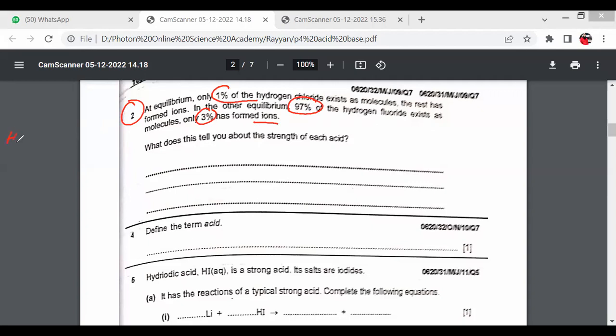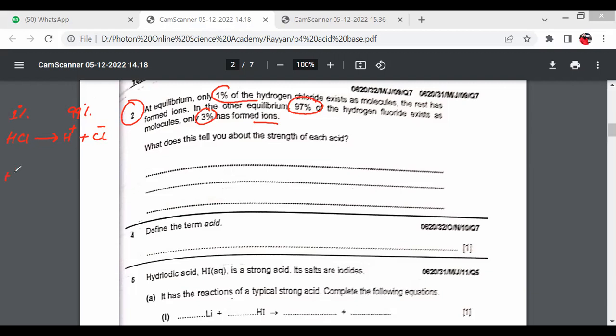I have hydrogen chloride, and hydrogen chloride is going to dissociate into hydrogen ion and chloride ion. Just 1% HCl remains in undissociated form, and 99% HCl is in dissociated form, in the form of hydrogen ions and chloride ions.